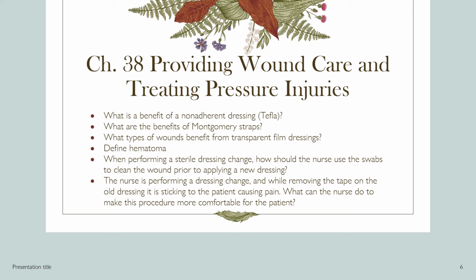So we're going to see that information on page 791 in Skill 38.1, Sterile Dressing Change. Take a look at number 4. Perform hand hygiene. Don clean gloves. Loosen the binder or tape, remove the old dressing, and pull off the tape towards the wound while stabilizing the skin with the other hand.